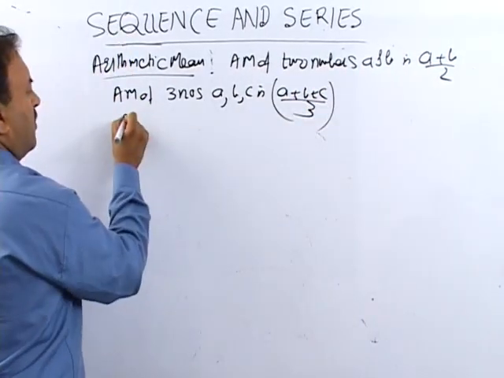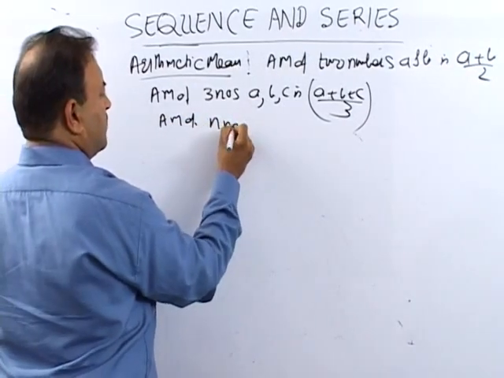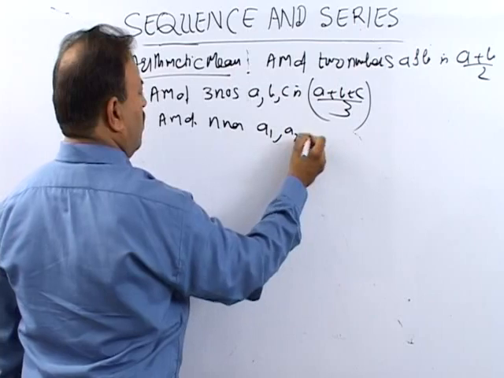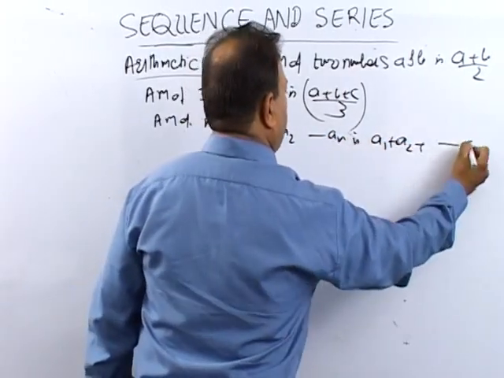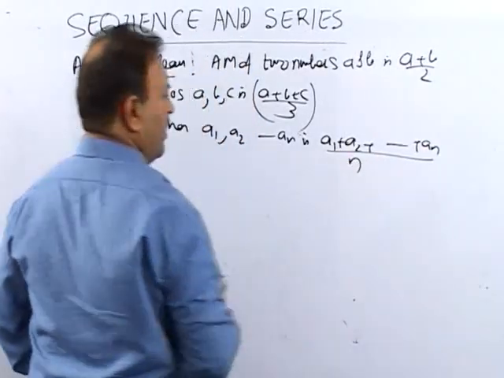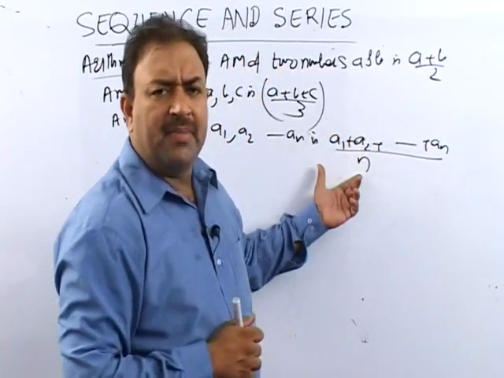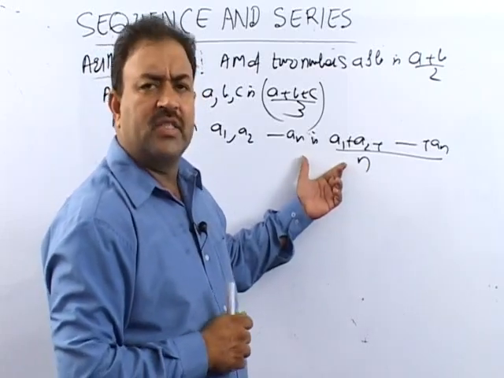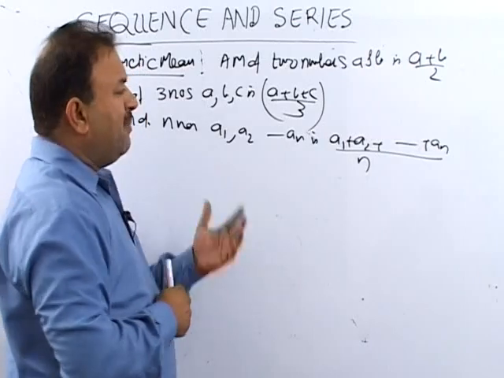The arithmetic mean of n numbers A1, A2, up to AN is (A1 plus A2 plus up to AN) upon n. This is the so-called single arithmetic mean. You used to do this in statistics in class 10th also. But now I am introducing something new.